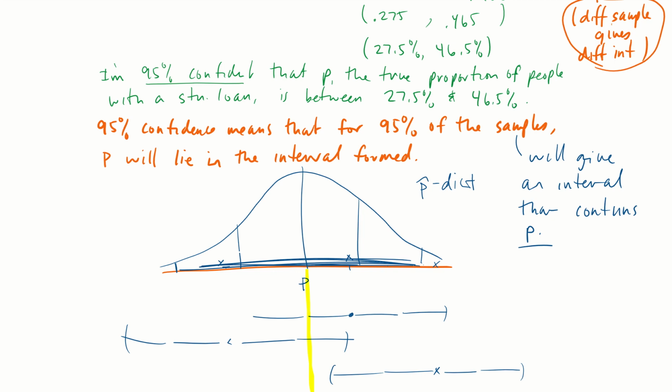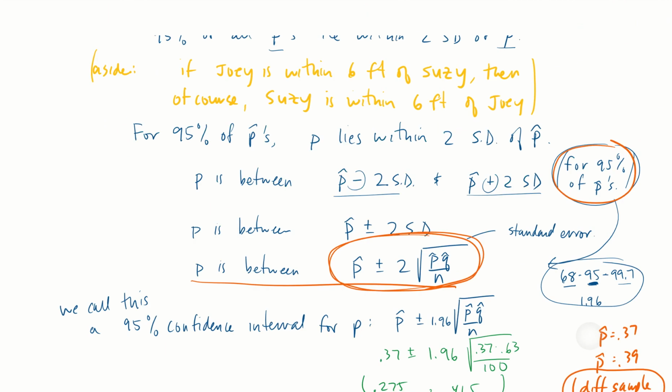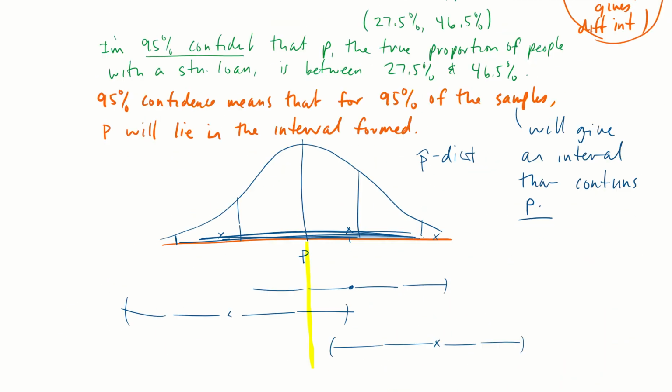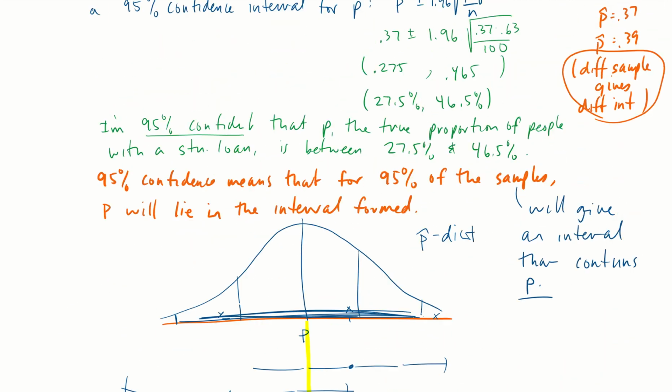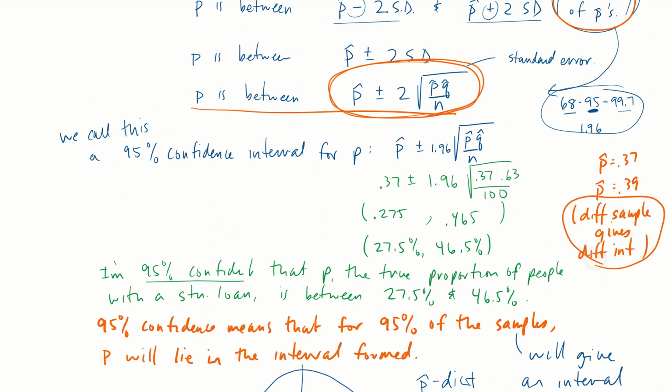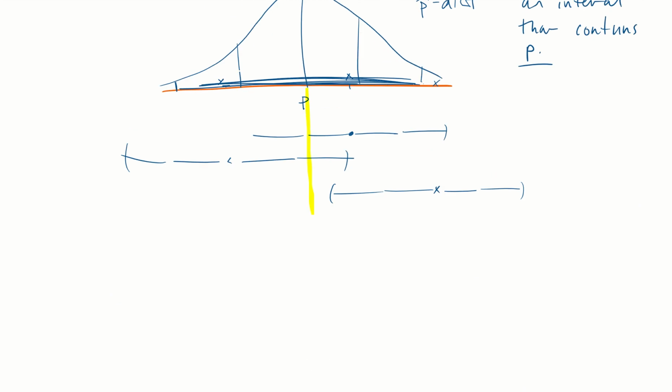Okay. Last thing on this: we did a 95% confidence interval, and that's where we used 1.96. Well, what if I want a 90% or a 99% confidence interval? Let's adjust the formula.